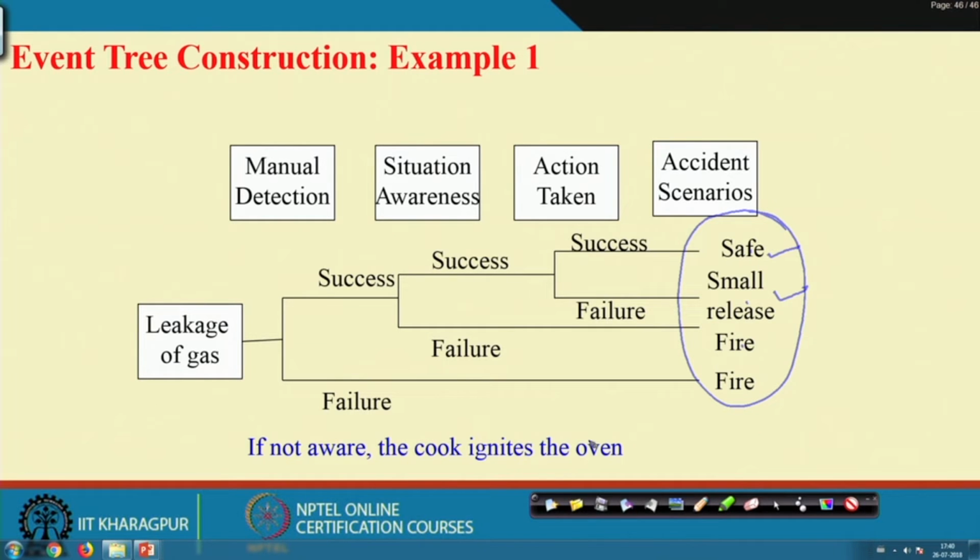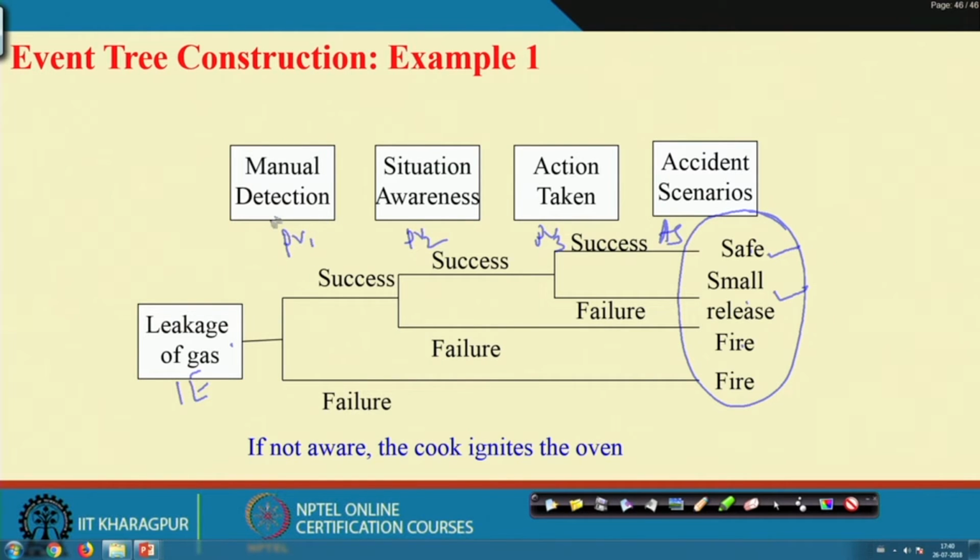With this example, I want to show you the quantification. What is the quantification here? You see, there is one initiating event, then pivotal event 1, pivotal event 2, pivotal event 3, then accident scenarios like this. Now, if this event occurred, then this one starts.